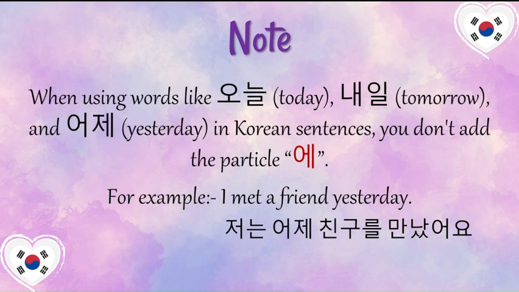You don't use the particle 에 with the words today, tomorrow and yesterday. 오늘, 내일, 어제. Okay, for example, you have to say I met a friend yesterday. 저는 어제 친구를 만났어요. Okay, as you can see, I have not attached the particle 에 with the word 어제. Yesterday we kept separate, we don't have to attach 에 to it. Okay, so it was very important to know this.